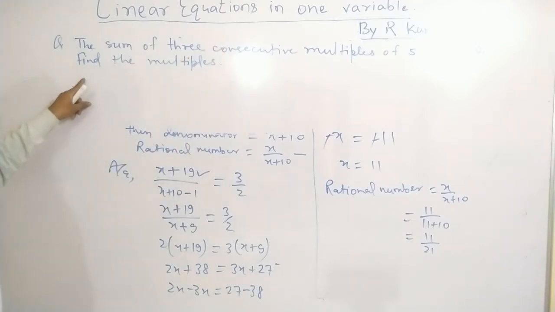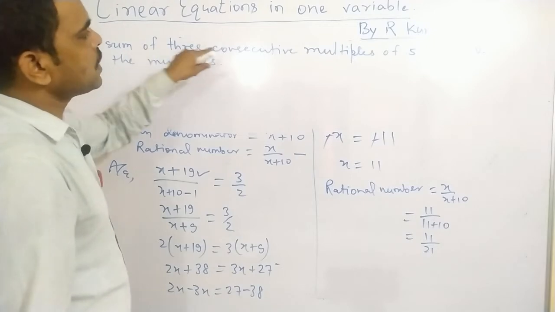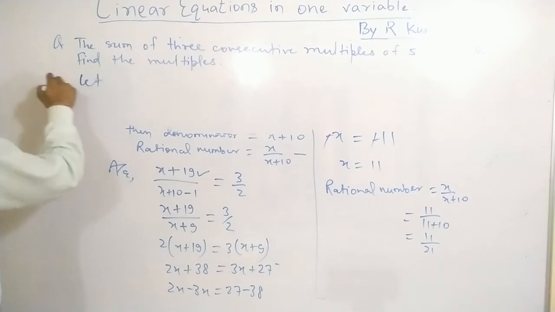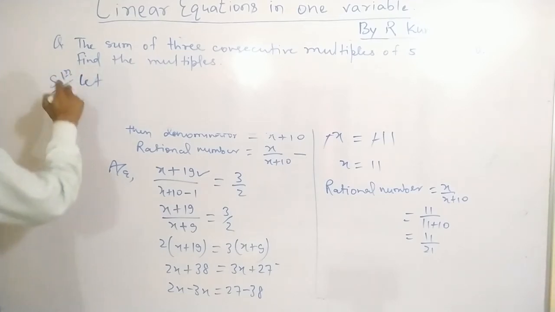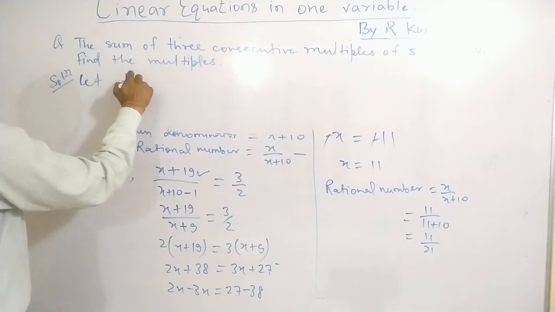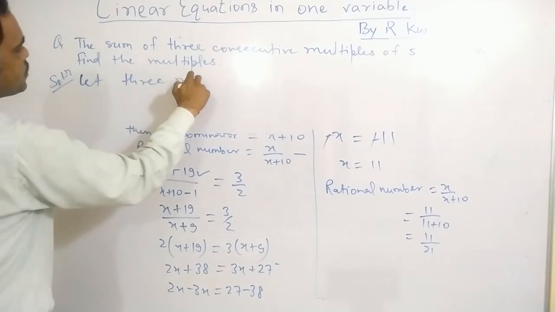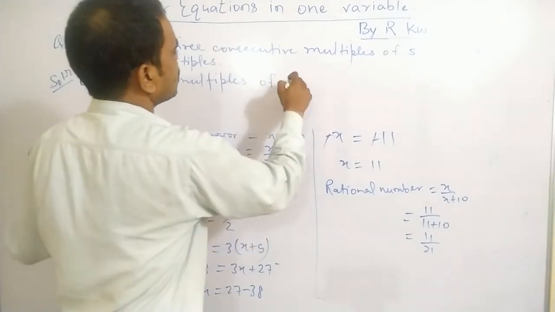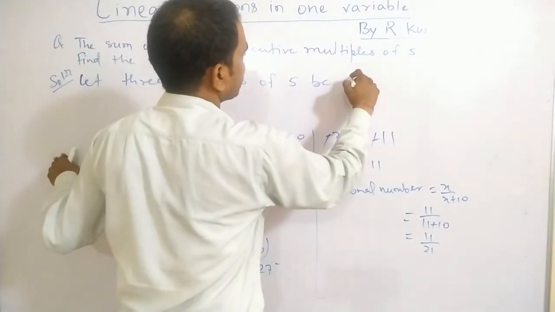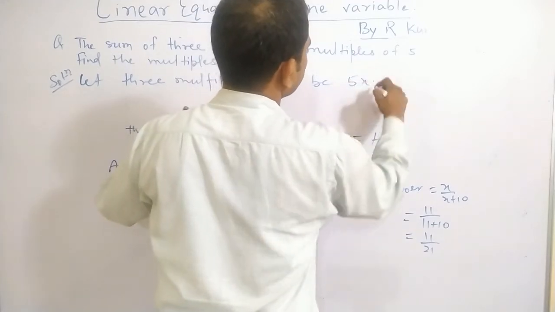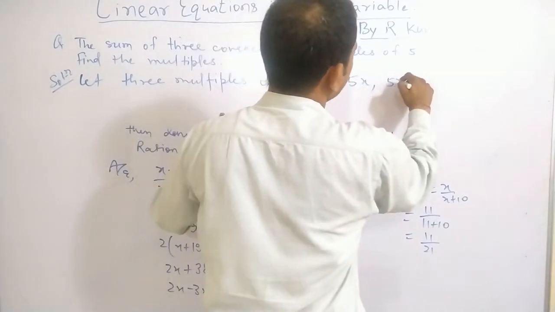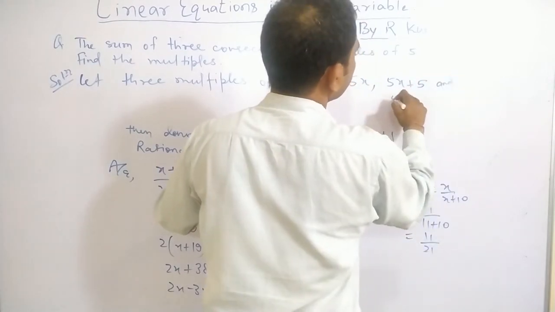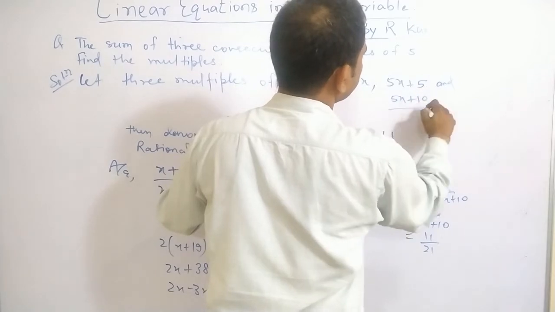Here, first you will have to consider 3 consecutive multiples of 5. So you can say, in the solution, let the 3 multiples of 5 be, first one you consider 5x, the next will be 5x plus 5 and 5x plus 10.